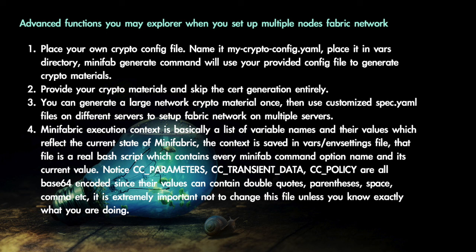Notice that CC_PARAMETERS, CC_TRANSIENT_DATA, and CC_POLICY are all base64 encoded, since their values can contain double quotes, parentheses, spaces, commas, etc. It is extremely important not to change this file unless you know exactly what you're doing.